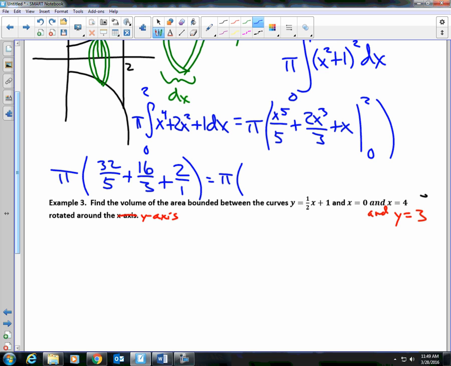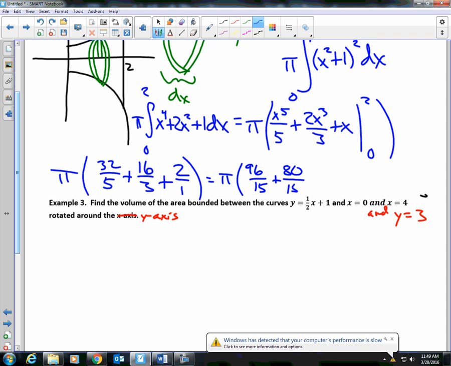Well, because we're going to end up multiplying our result by pi, whatever we get, we're going to multiply by pi. You can do that as well, but it's not going to make a difference when you distribute it. Okay. So I multiply top and bottom by 3. I get 96 over 15 plus, multiply by 5, 80 over 15.